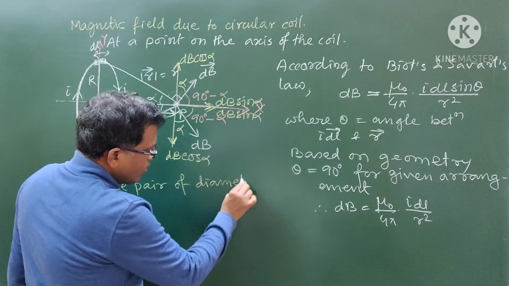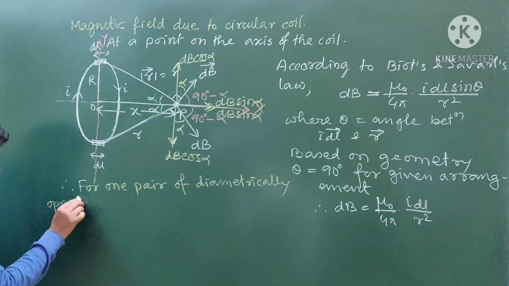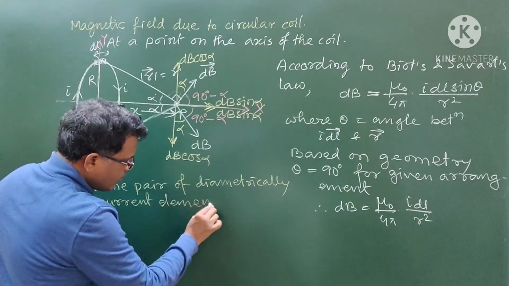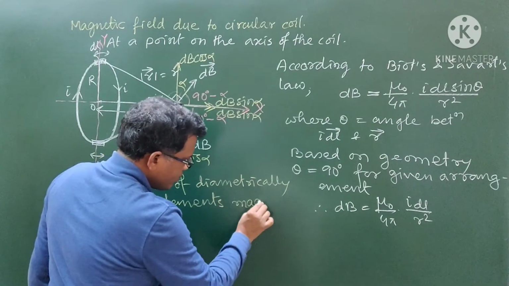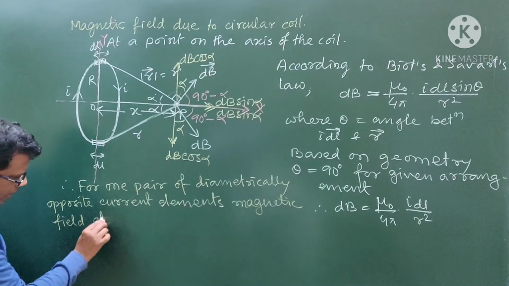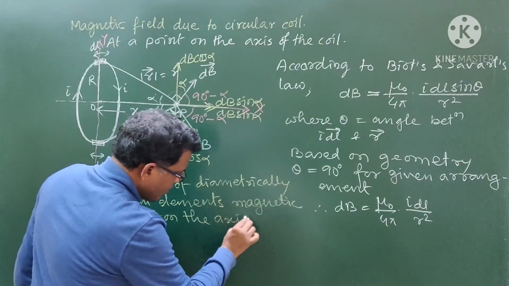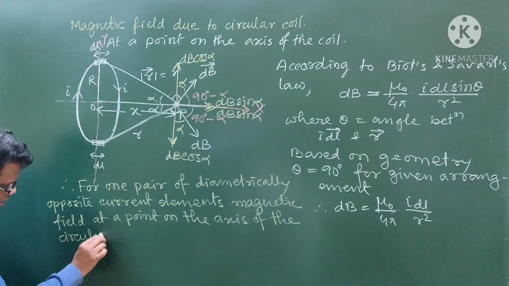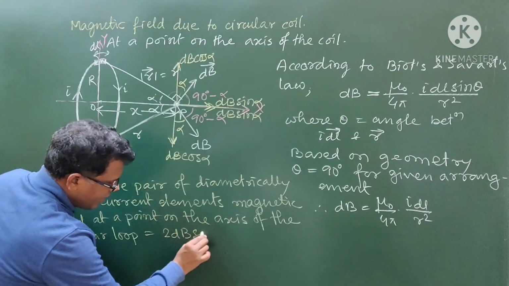So we can write: for one pair of diametrically opposite current elements, the magnetic field at a point on the axis of the circular loop will be 2 dB sin alpha, right?